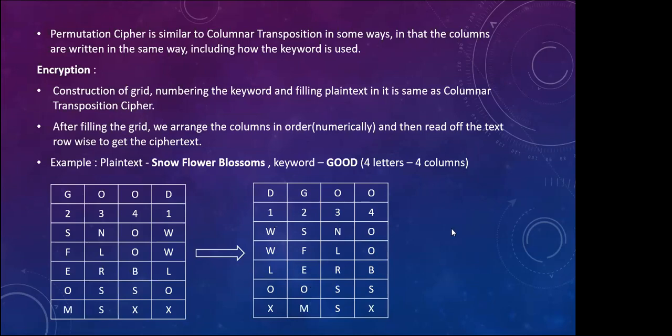Afterwards we read this off row-wise to write our ciphertext. As you can see, the transposition we have used here is something like a 1 2 3 4 manner.